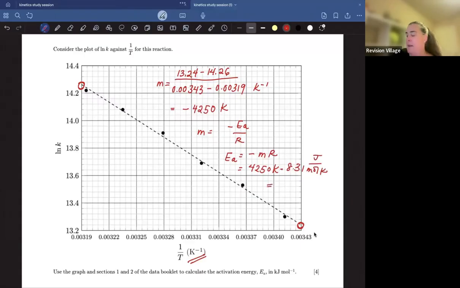And I've got to plug that in my calculator. And I get 35317.5 joules per mole. Of course, the question asked me to do it in kilojoules, so I get 35.3 kilojoules per mole.